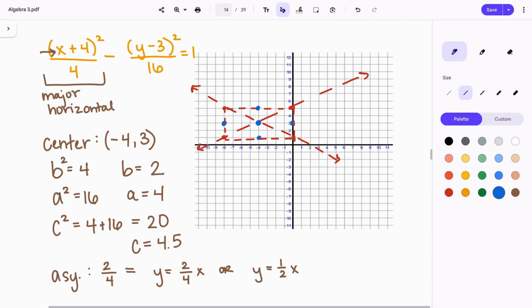And then we're going to draw those branches in. They should stay within the asymptote lines. And I think the only other thing that we need here is to graph the C point, which is at 4.5. So it's just a little bit farther than those vertices there.